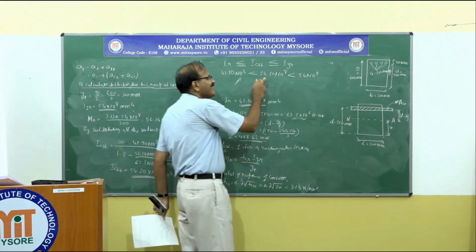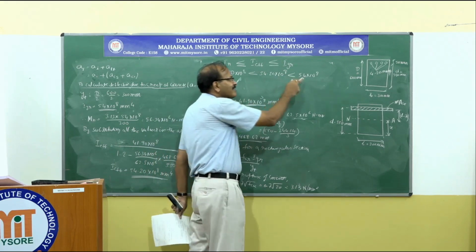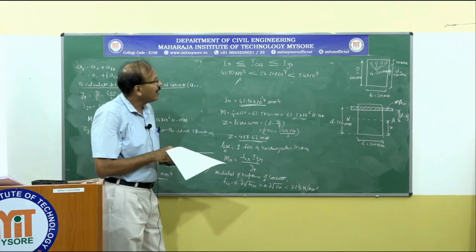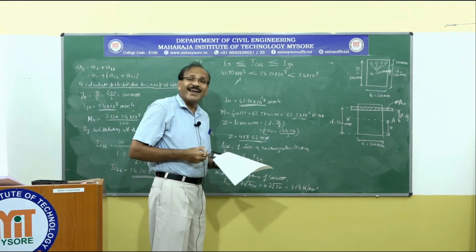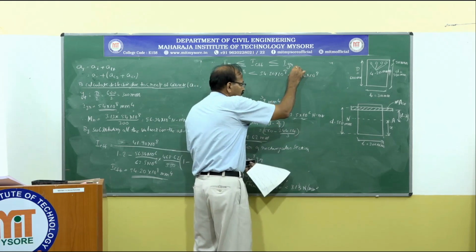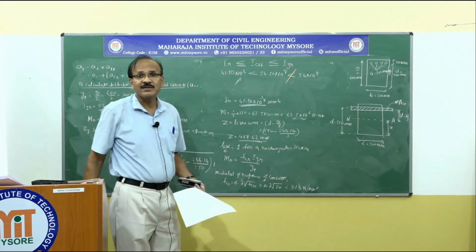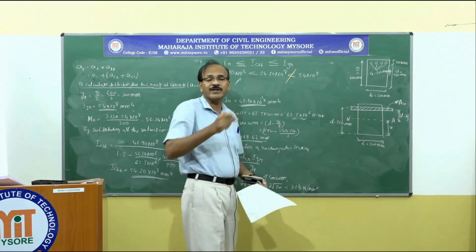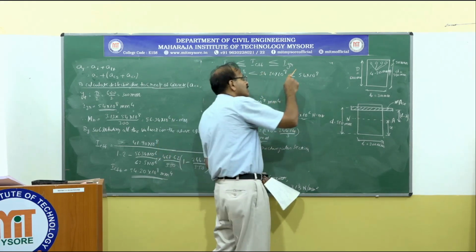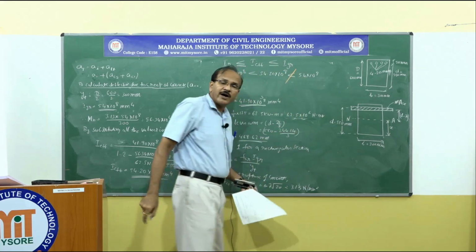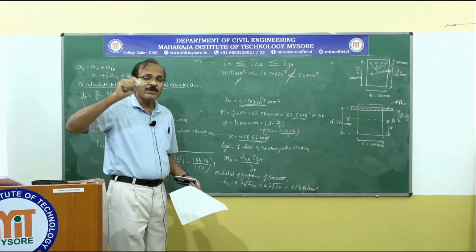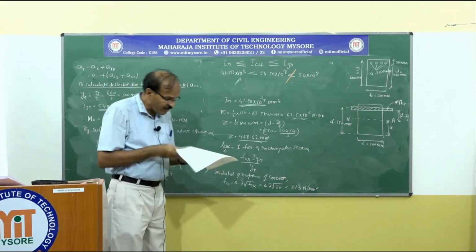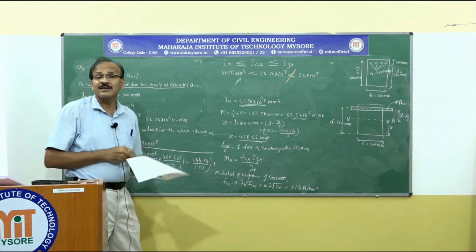Look here, this is not less than that, so the condition is not satisfied. If that is the case, we have to take the moment of inertia of the gross section as the effective moment of inertia of the section.